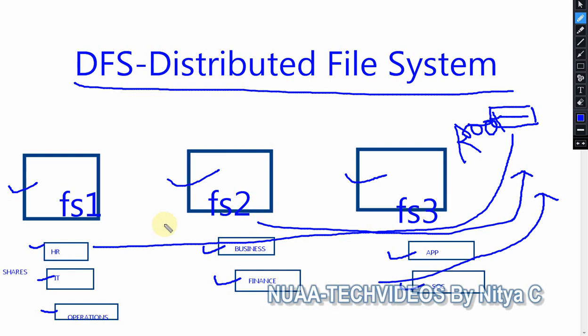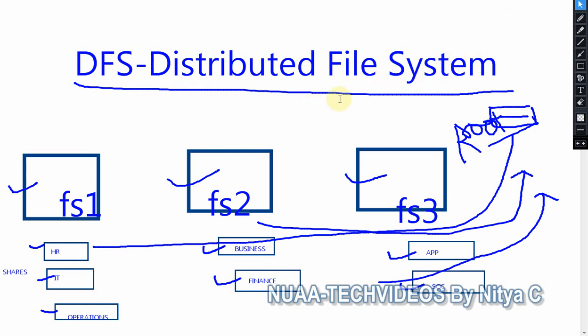All the shares from file server 1, file server 2 or file server 3 will appear under a root share, and whoever has the permissions will be able to access them like they were accessing before.